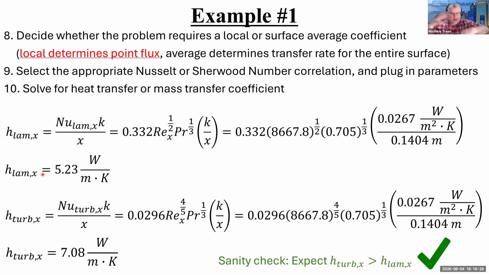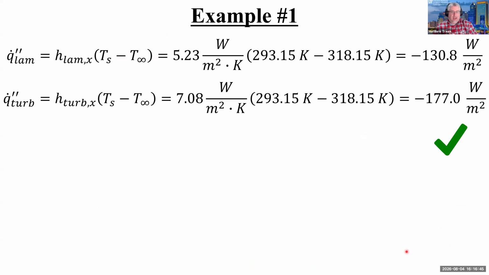Because we talked about how mixing promotes the transfer of thermal energy inside the turbulent boundary layer. And lo and behold, it is in fact bigger. Turbulent is bigger than laminar. And so that's exactly what we expect. So that's awesome. Checks out. Suggests that we can move on to actually solving for the heat values. Oh, and look, watts per meter squared Kelvin, right? I was right. So I'll correct that in the previous slide when I post the final version of this.